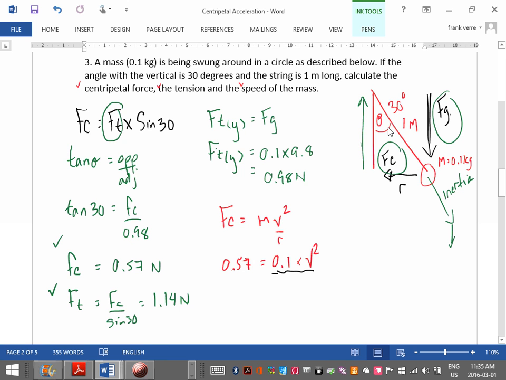Look, this is 30 degrees, so for the opposite side, use sine 30. Sine 30 of 1 is 0.5. So if we rearrange this, we get v is equal to 0.57 times 0.5 over 0.1. What do we got?